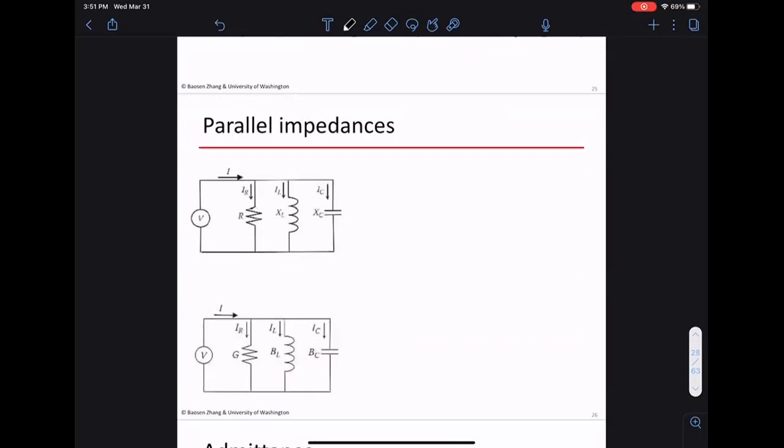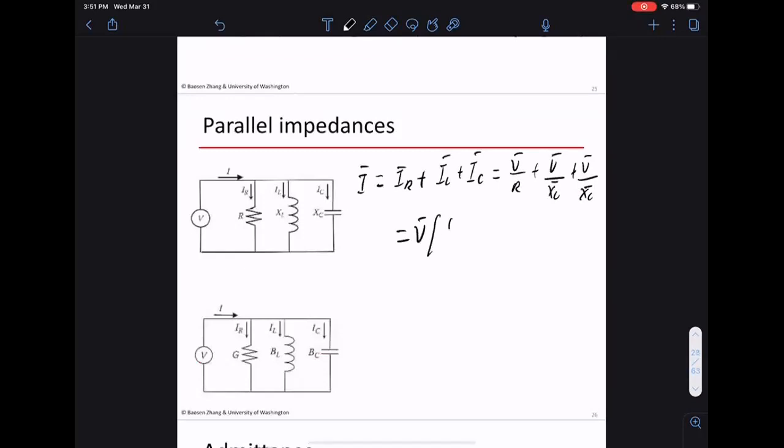If you have parallel impedance, this is KCL, Kirchhoff's current law: the currents add up. Then the current is V over R plus V over XL plus V over XC. You can factor this out. This is V times 1 over R plus 1 over XL plus 1 over XC.